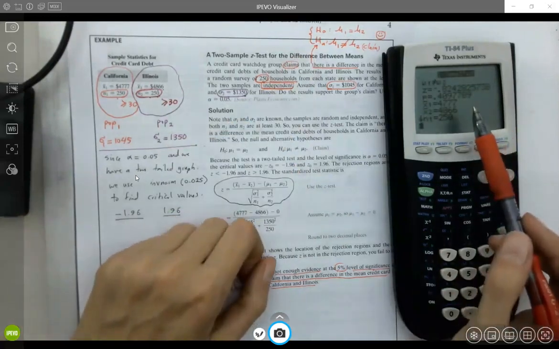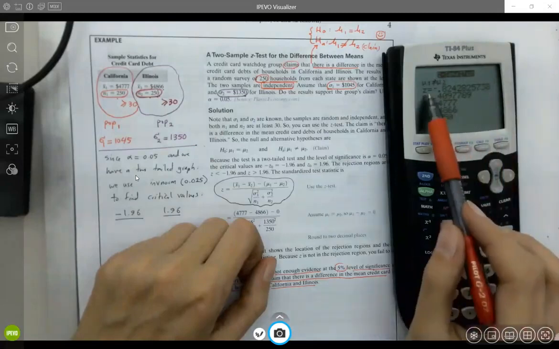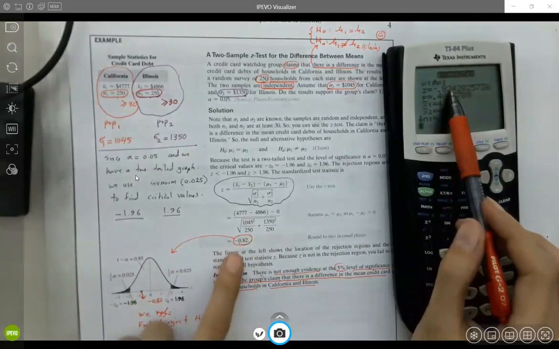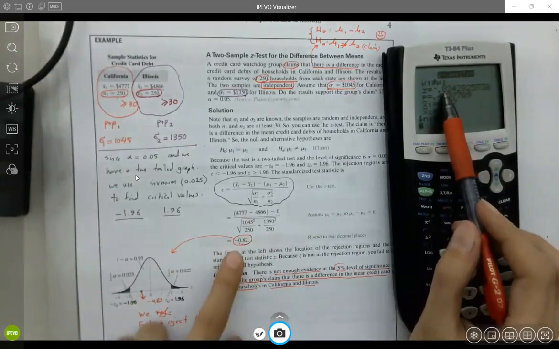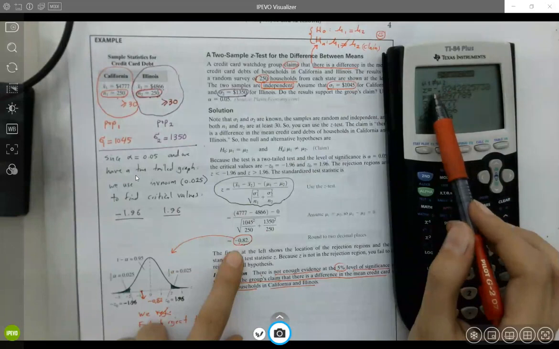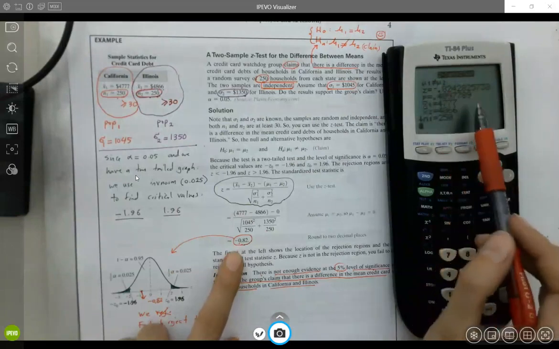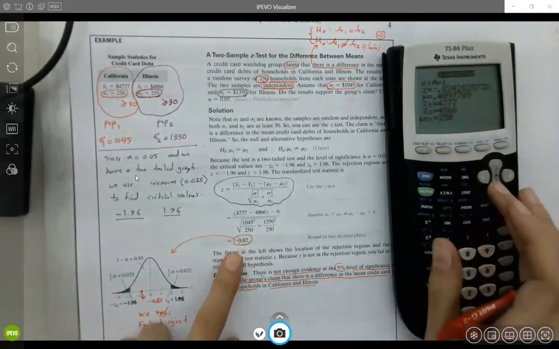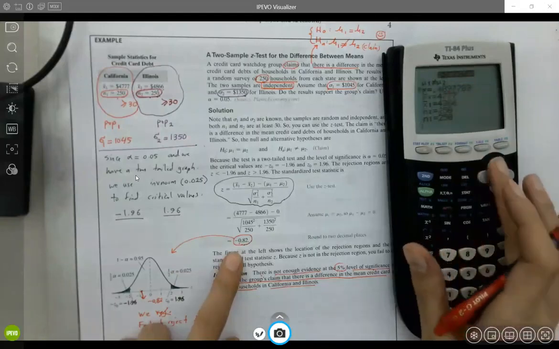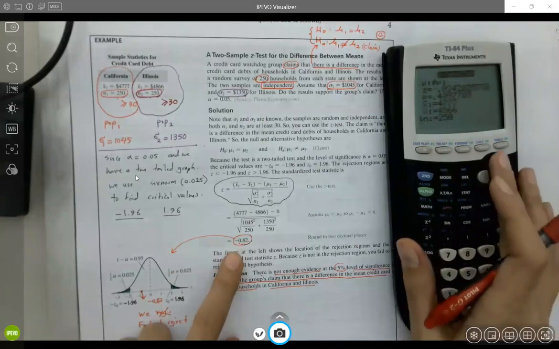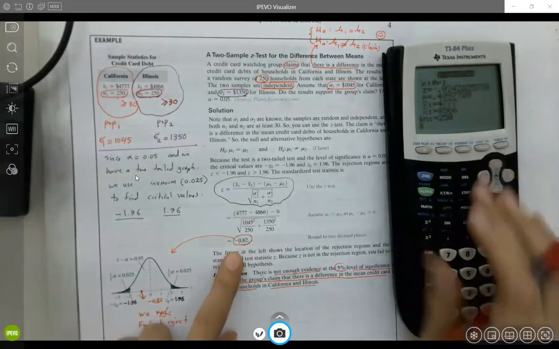So what do we have here? Our z is negative 0.82. Do you see that? We have the exact same z value, negative 0.82. And your p-value is 0.40. So 0.40 is actually greater than your alpha, of course.